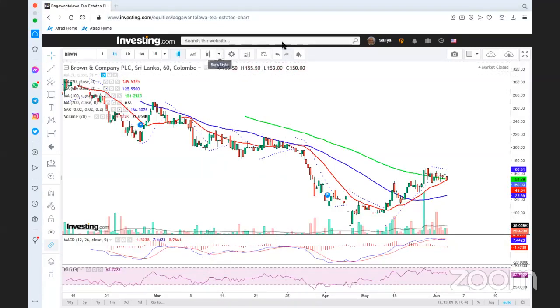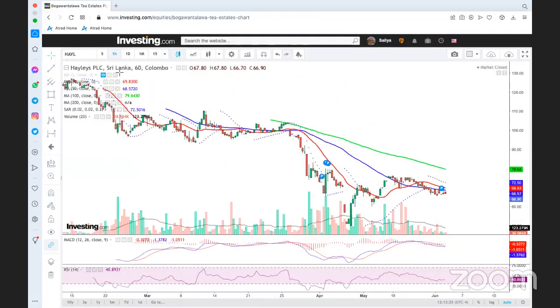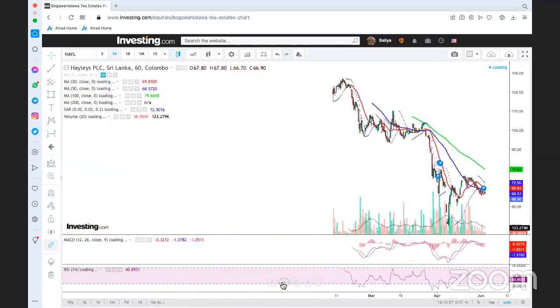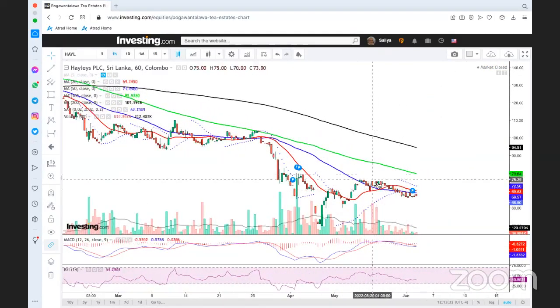LOLC Holdings we touched. Haleys PLC also, it's like this, still bearish. It's still in the early stages of the uptrend. We will consider this an uptrend as long as this low is respected, 50 rupees.